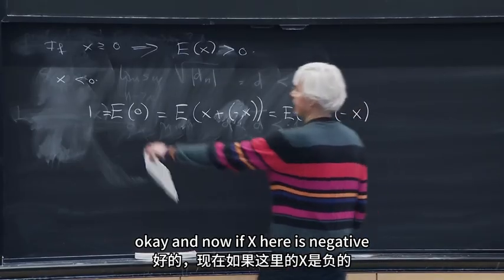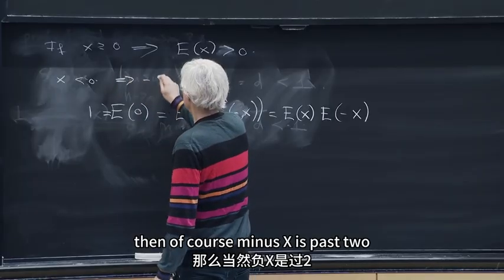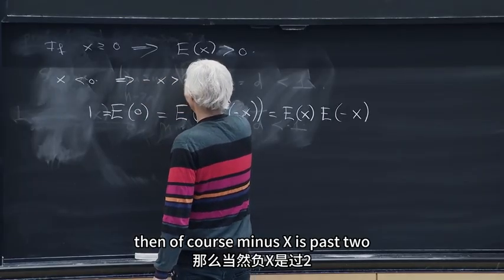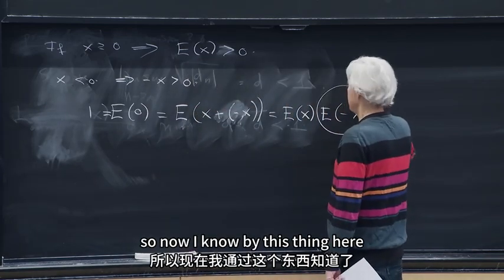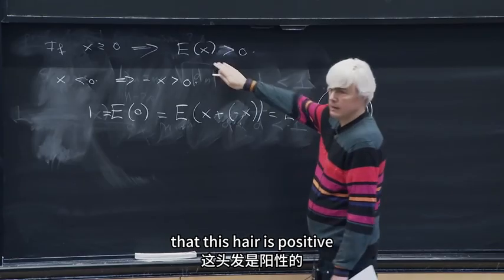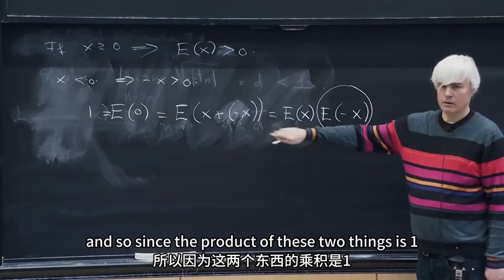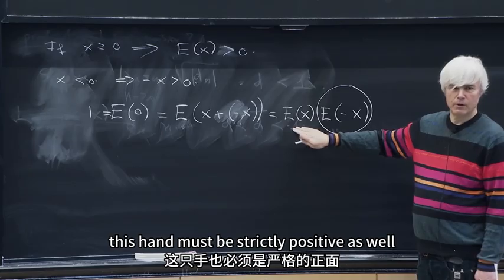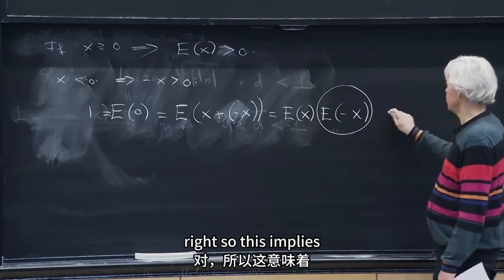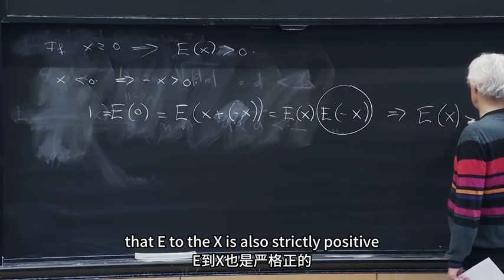And now if x here is negative, then of course minus x is positive. So now I know by this that this here is positive. And so since the product of these two things is 1, this here must be strictly positive as well, right? So this implies that E of x is also strictly positive.